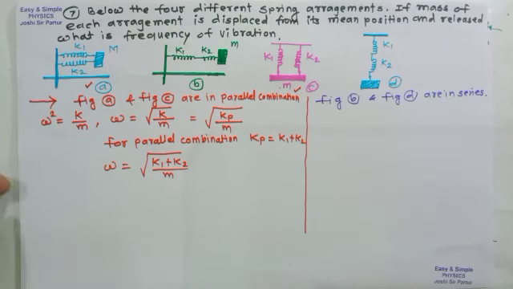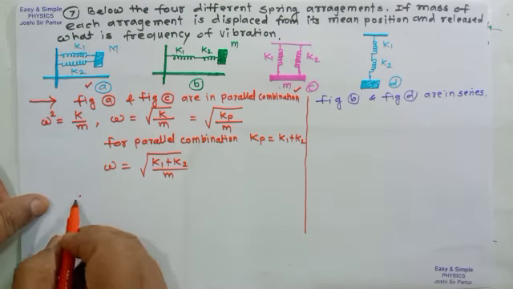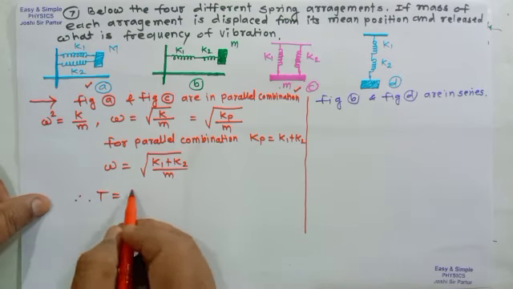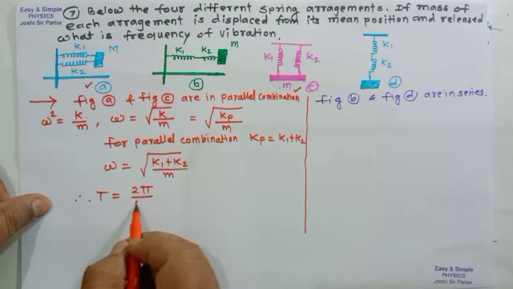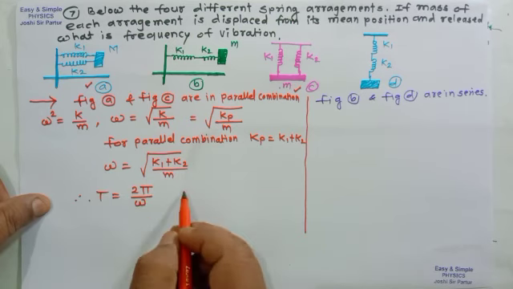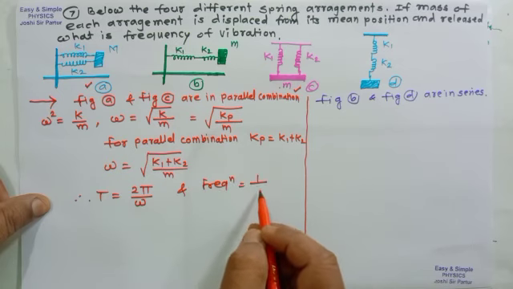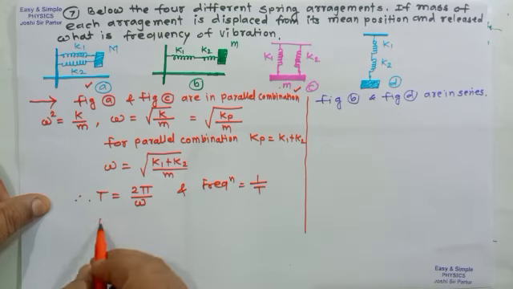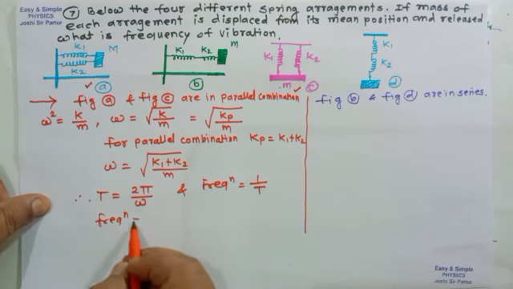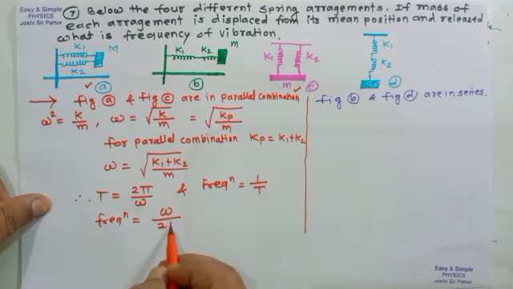So we can find out frequency. First of all we can find time period. Time period is equal to 2 pi upon omega, and frequency is equal to 1 upon time period. So frequency is equal to omega upon 2 pi.